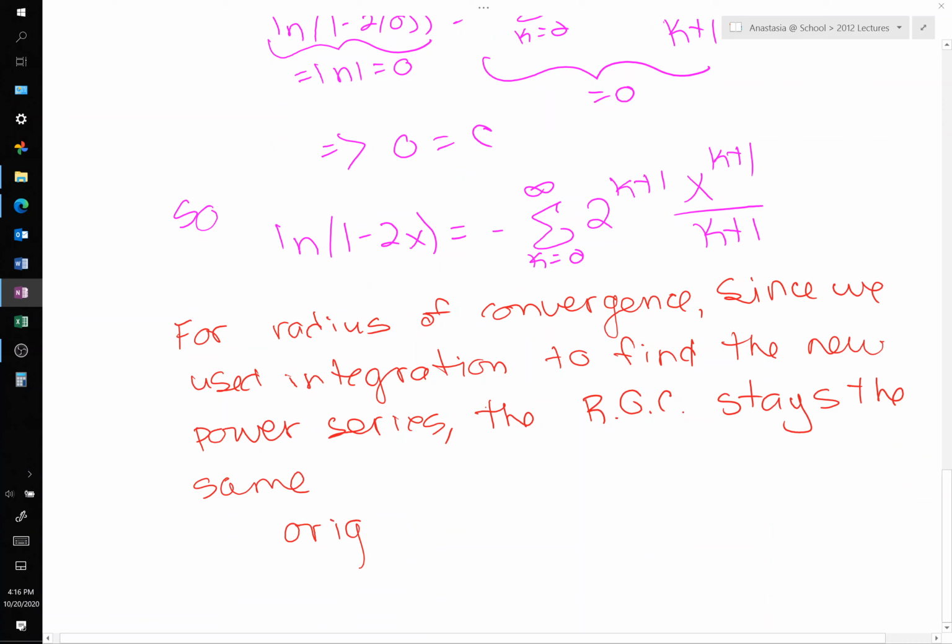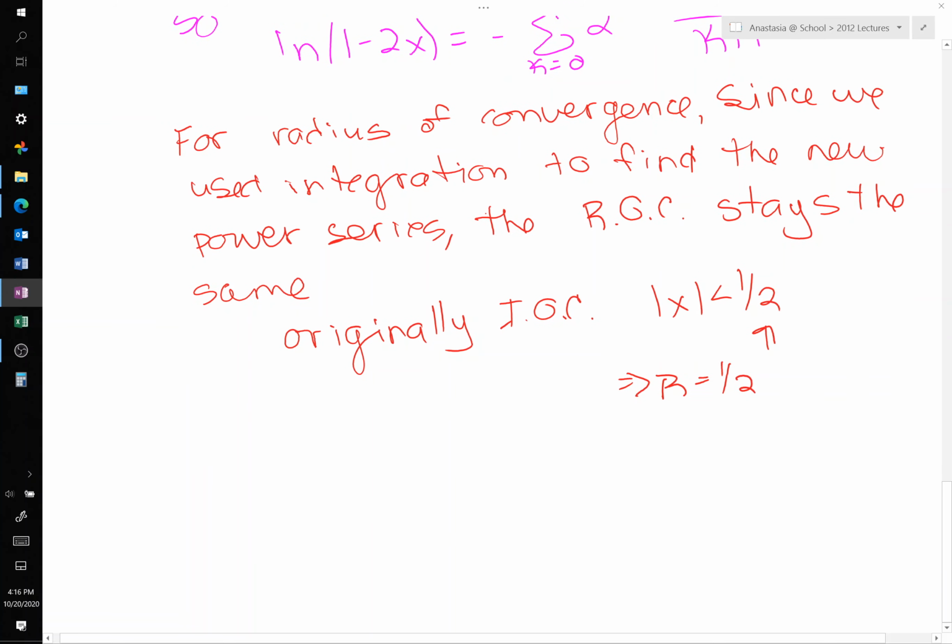So originally, the interval of convergence was absolute value of x is less than 1/2. This means that the radius of convergence for the original power series is 1/2.